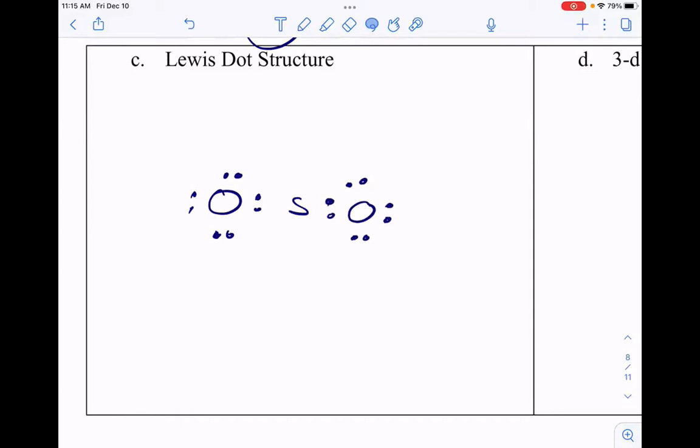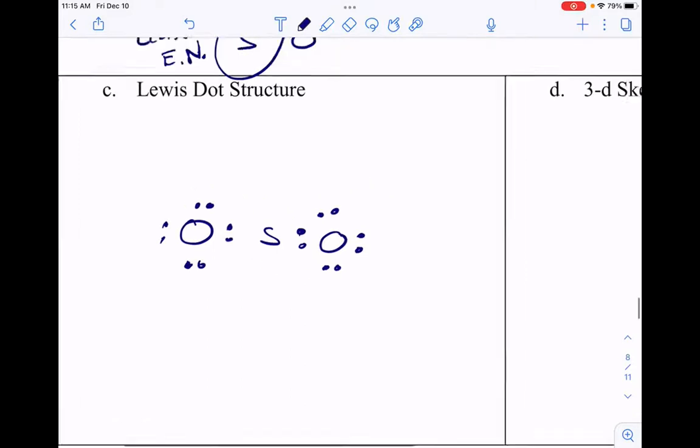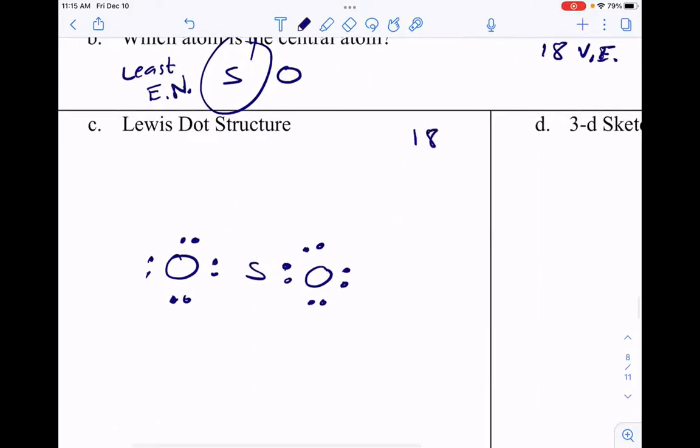All right. And so this is my Lewis dot structure for SO2. Now I'm going to go ahead and check how many valence electrons I have remaining. So I have a total of 18 valence electrons, and I've placed 8 times 2, that's 16 valence electrons used. Then I have 2 remaining.